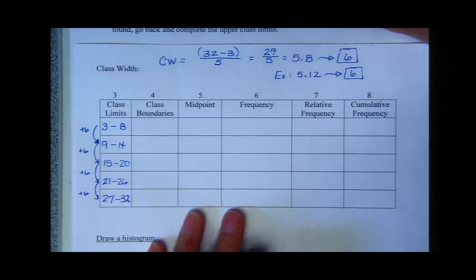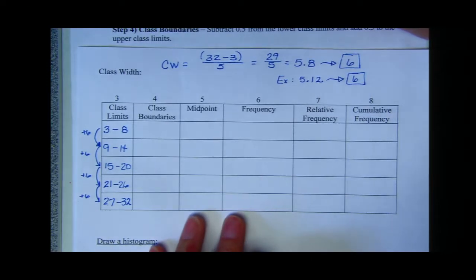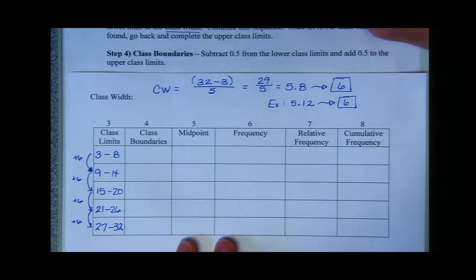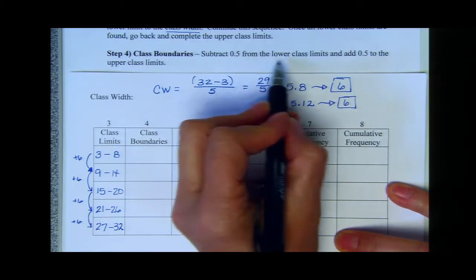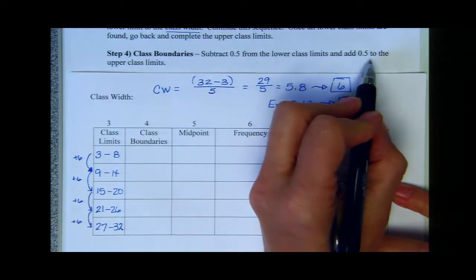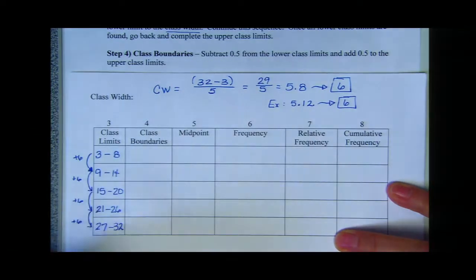All right, going on to step 4, which is our class boundaries. And our class boundaries says subtract 0.5 from the lower class limit and add 0.5 to the upper class limit.